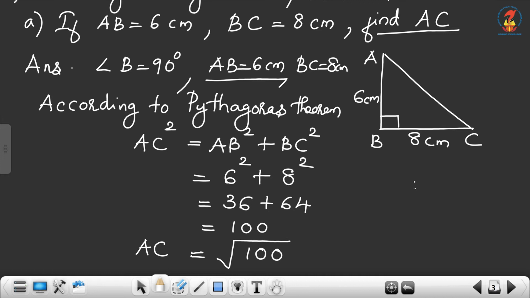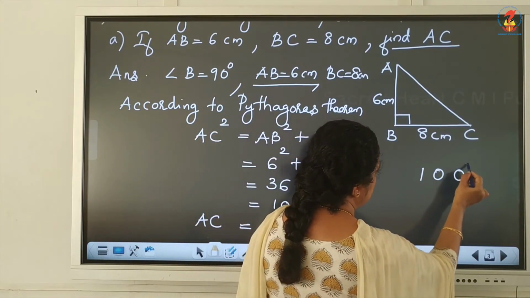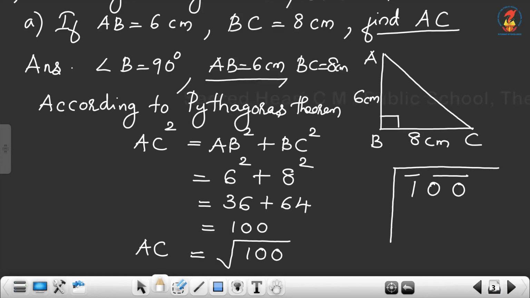We can use the division method. We know the answer, but using the division method, how can we find it? Starting from the right side, you have to pair the digits. Consider the number under the extreme left bar, that is 1. We can take the largest number as 1. So, 1 into 1, 1. Find the difference, 0. Bring the next pair down, 0. Double the divisor, that is 2. Now, you have to leave a blank on its right.